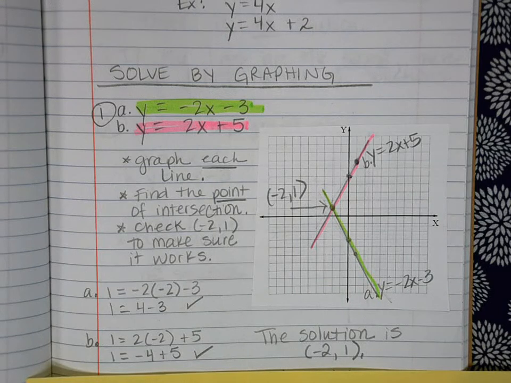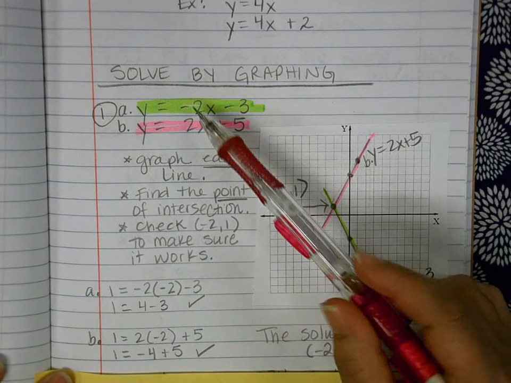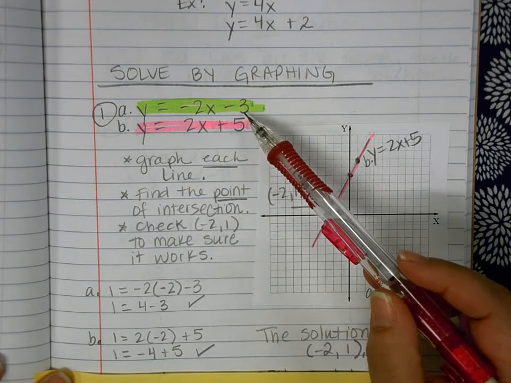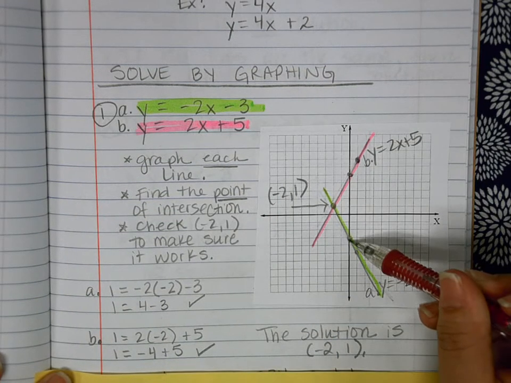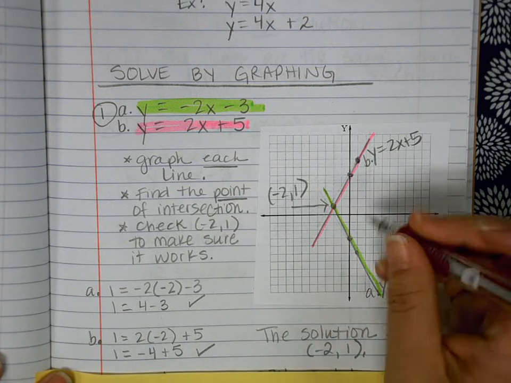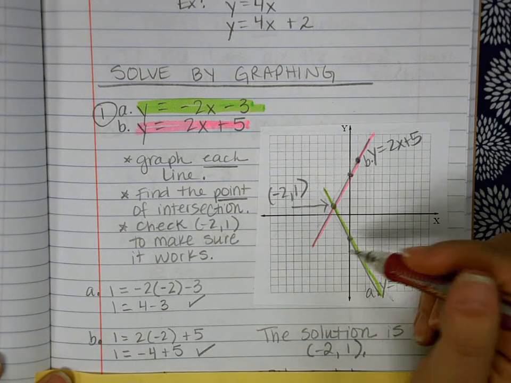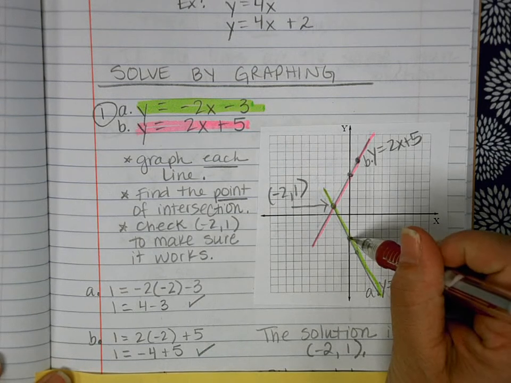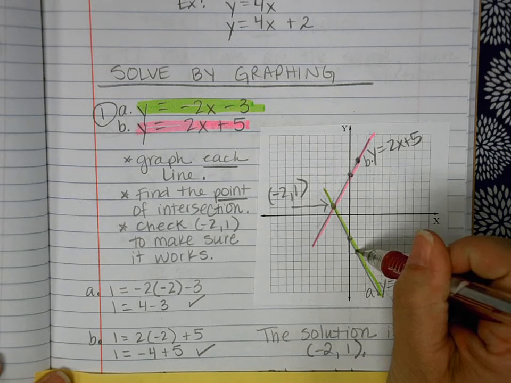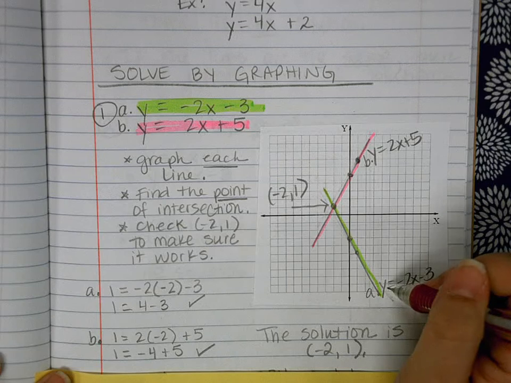So just to recall, those of you who are ready to graph, for the first one, which I labeled A, the green one, you start at negative 3, because that's our y-intercept. We go down 2, right? Down 2 over 1. That's the negative 2. So start at negative 3, go down 2 over 1. Use your straight edge. Connect the dots.